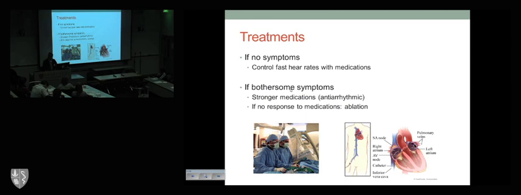And if you don't respond to these kinds of medications, then there are other, more invasive options, such as an ablation. So an ablation is a procedure where we place a catheter, which is a very skinny, long plastic tube. We place it in through the veins down by the legs. We place these catheters inside the heart. We cross the wall that separates the right side from the left side.